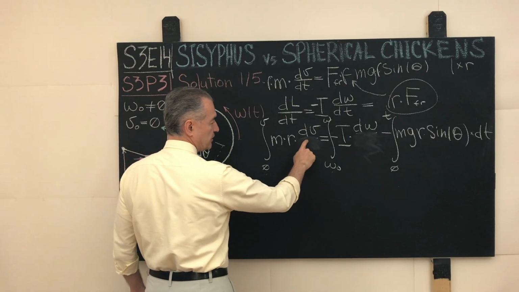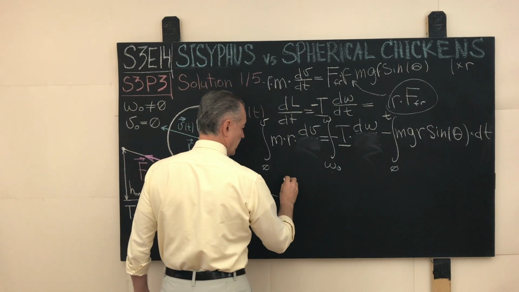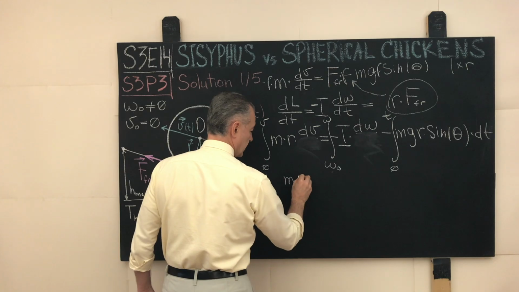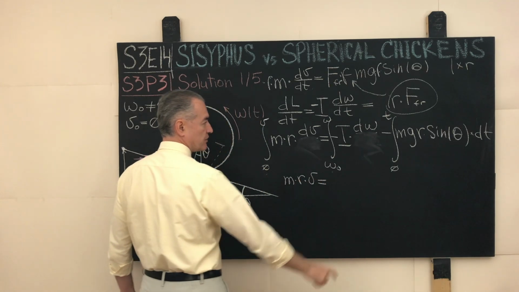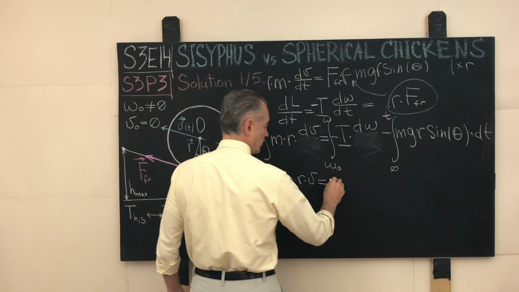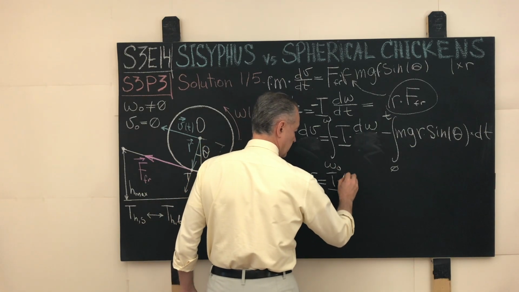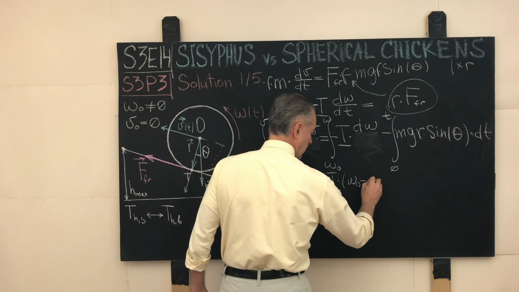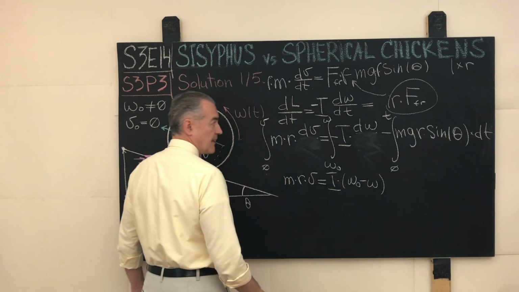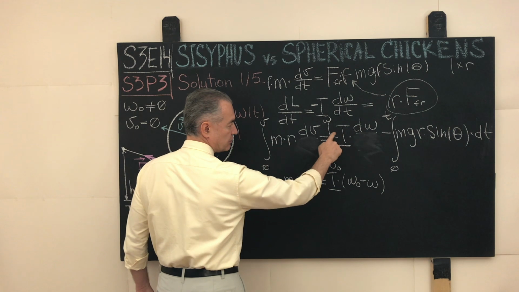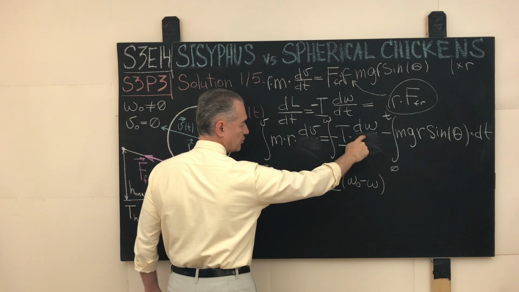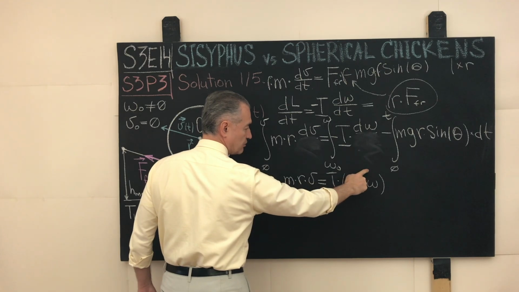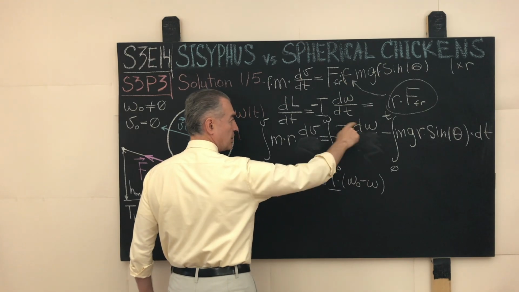So what we have here is a trivial integral. We have m times r times v is equal to, here the integral is trivial, I times (omega 0 minus omega, the current value), because the integral of I d-omega becomes omega evaluated between omega 0 on the bottom and omega on the top.